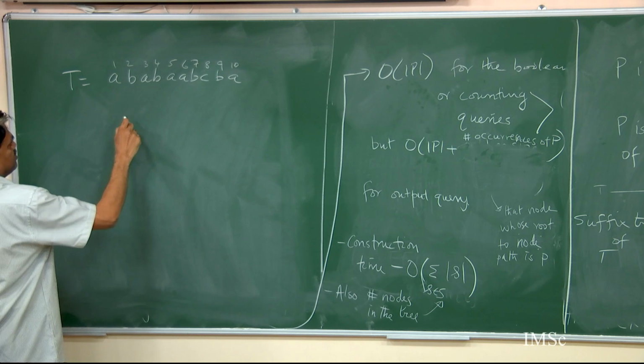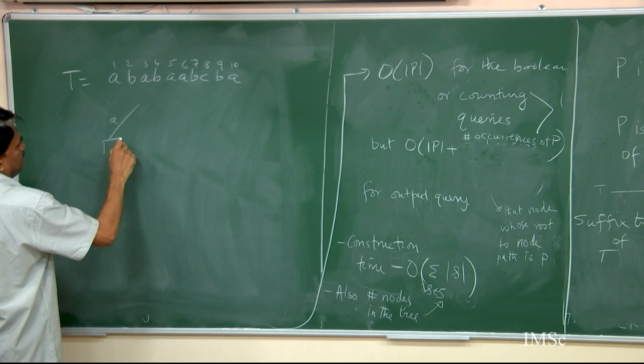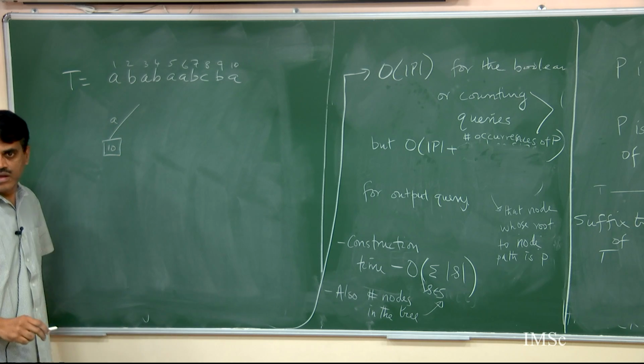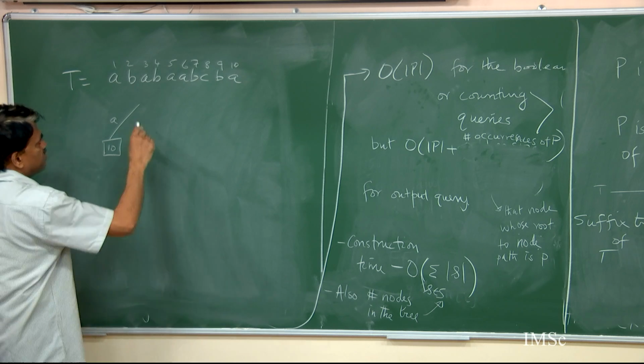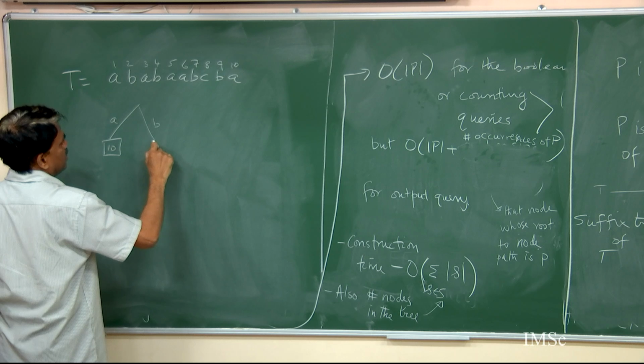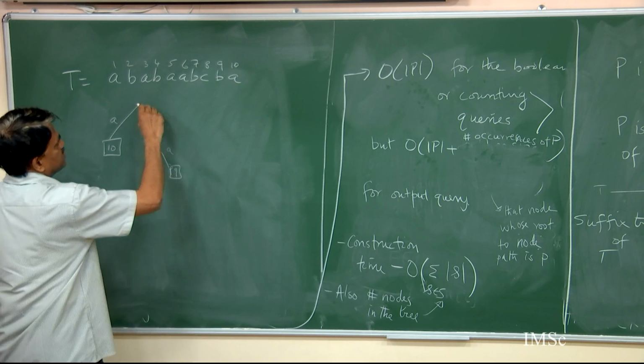One suffix would be A, which starts at position 10. Another suffix would be BA, which starts at position 9. Another suffix would be CBA.